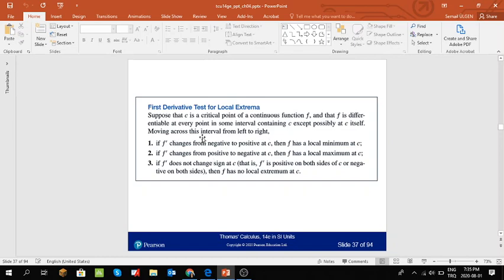Moving across the interval a to b from left to right, if the derivative of f changes sign from negative to positive at c, then f has a local minimum at c. If f prime changes sign from positive to negative at c, then f has a local maximum at c. If f prime doesn't change sign, then f has no local extremum at c.